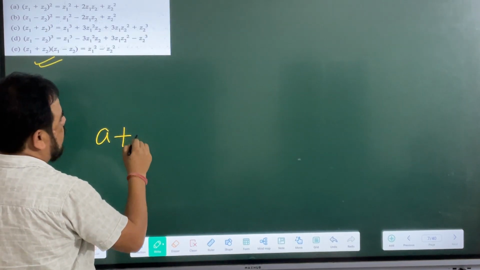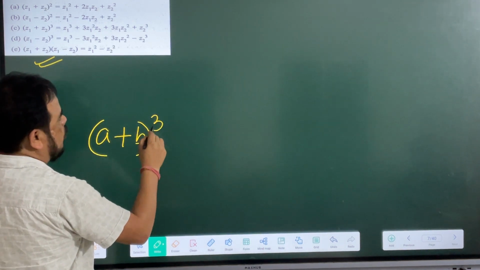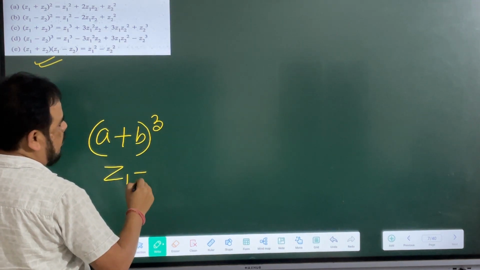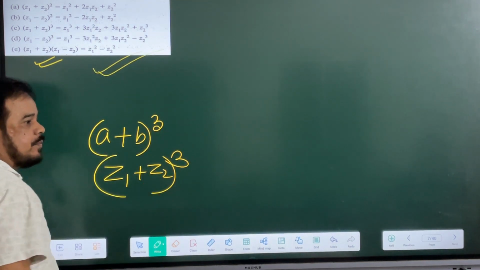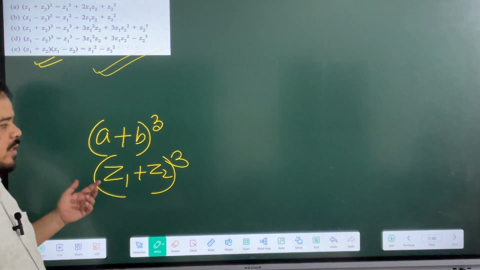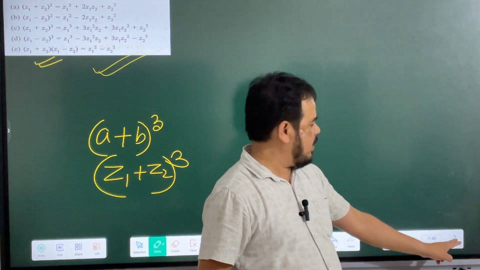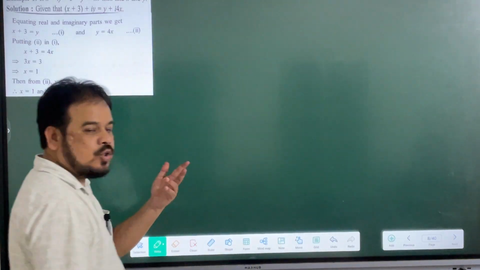So what is shown here is that whatever formula we applied in algebra, the same type of formula we can apply for complex numbers also. If we applied a plus b whole cube in general maths, here we can apply z1 plus z2 whole cube also. This is what is written here. Whatever formula we applied in general maths, we can apply here also, for whole square and whole cube.